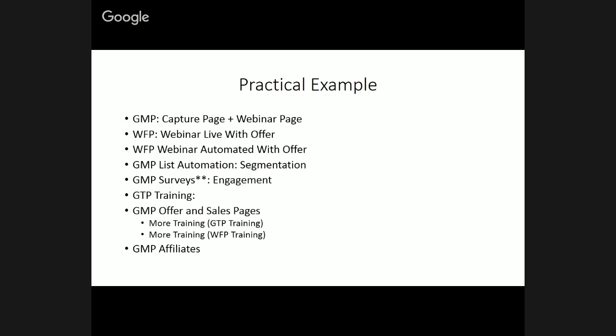It's $47 now, and all those people are going to get grandfathered in. Everybody who has it is going to get grandfathered in, and we're adding a few things to it.